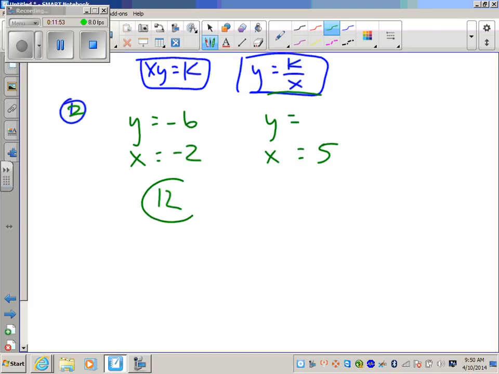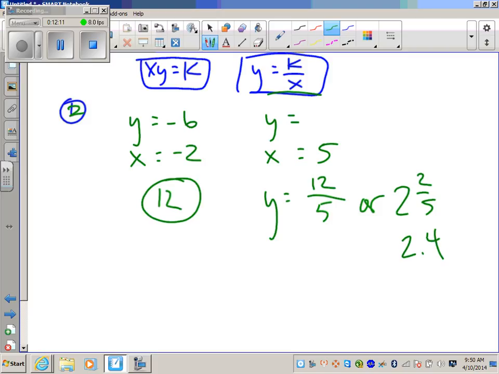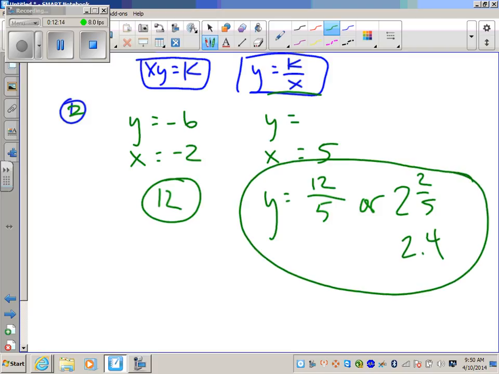A positive 12. So we don't know y, which is great. And x is 5. y equals? Sure, that's fine. We could say 2 2/5, or if, like you said, you wanted to put it into a decimal, any of those would be acceptable.